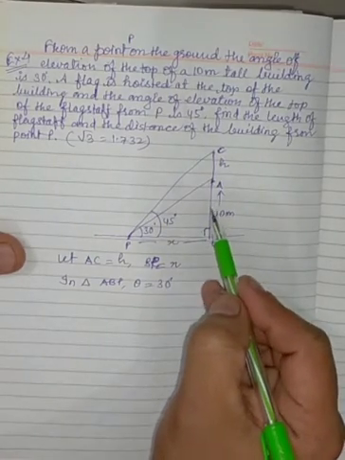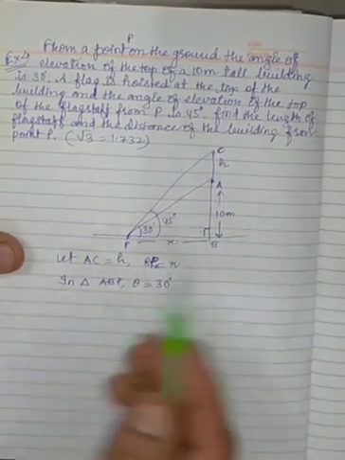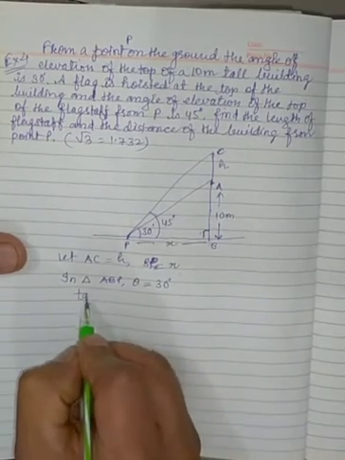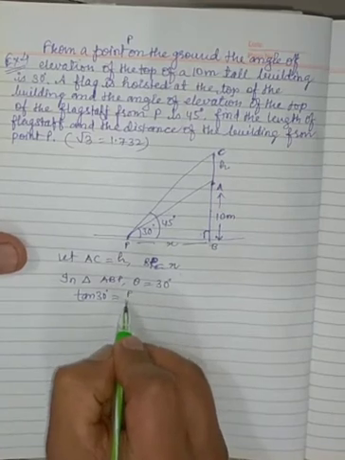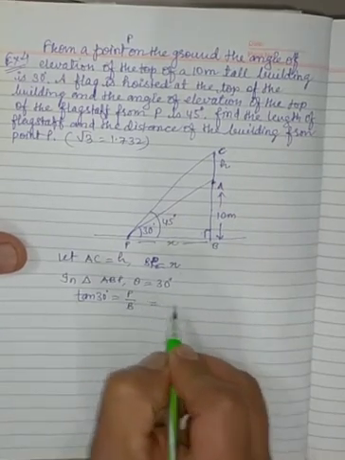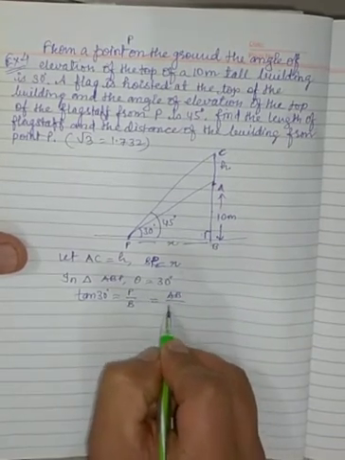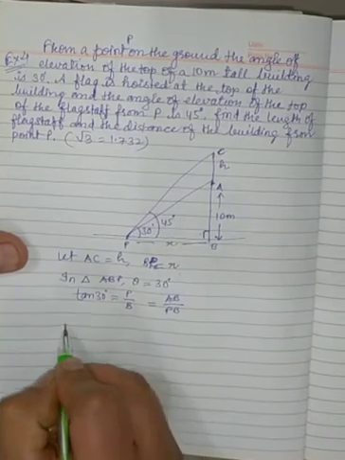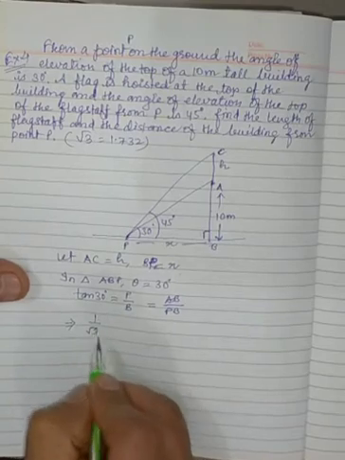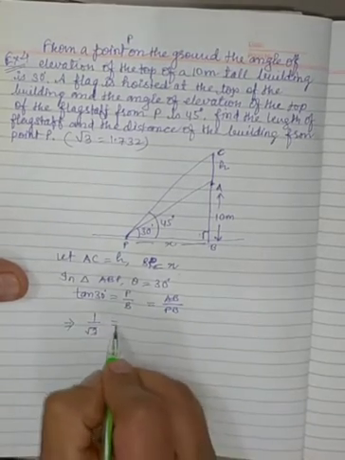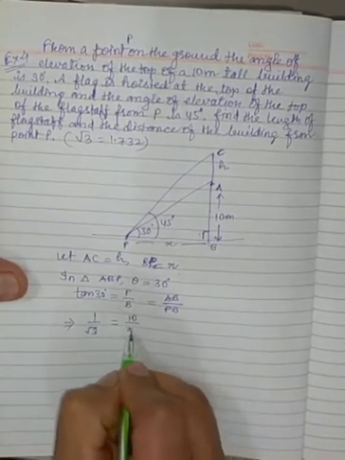As the relation is between perpendicular and base, tan 30 degrees is equal to perpendicular upon base, which is AB upon PB. Now tan 30 degrees is equal to 1 upon root 3, which is equal to 10 upon X.